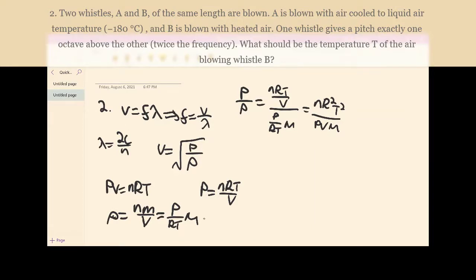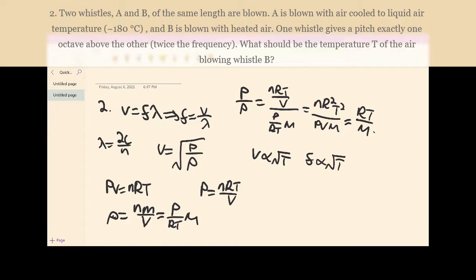So then part of this can be canceled out. We get that this is just equal to RT over M, I believe. Yeah. So then, of course, v is equal to the square root of this. So v is proportional to the square root of T. And that means that f is also proportional to the square root of T. So now we have the relationship between the frequency and the temperature, so it becomes pretty easy to solve.